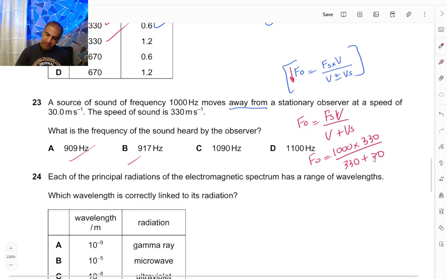So this is going to be 1000 multiplied by 330 divided by brackets 330 plus 30 bracket close, and that gives me a value of 916.6. So it has to be B.